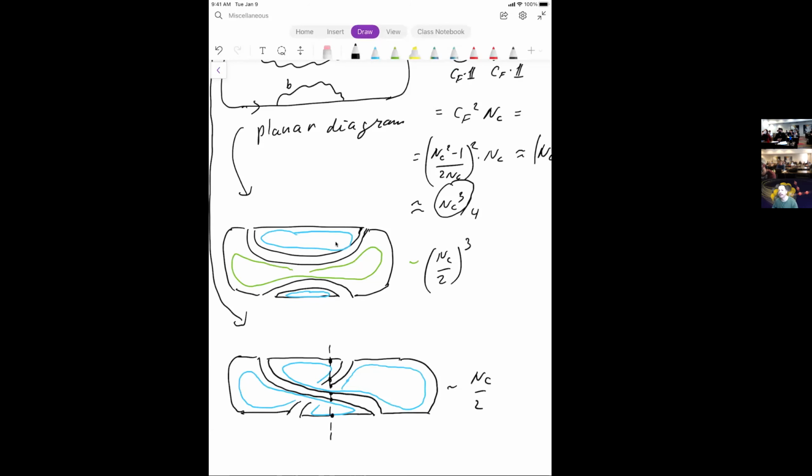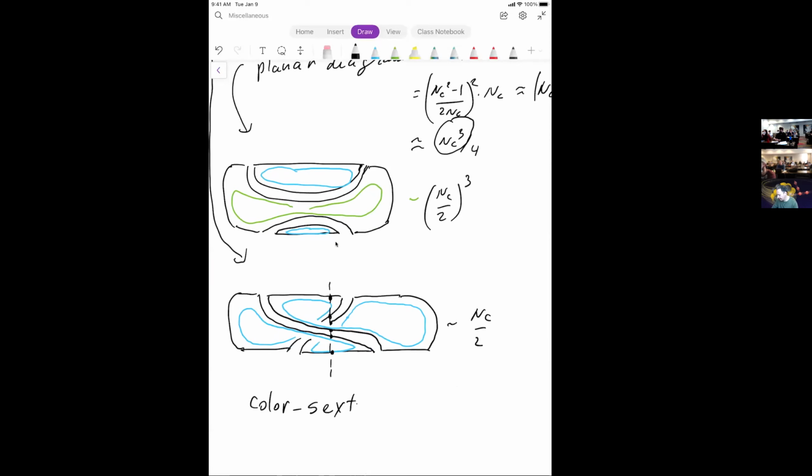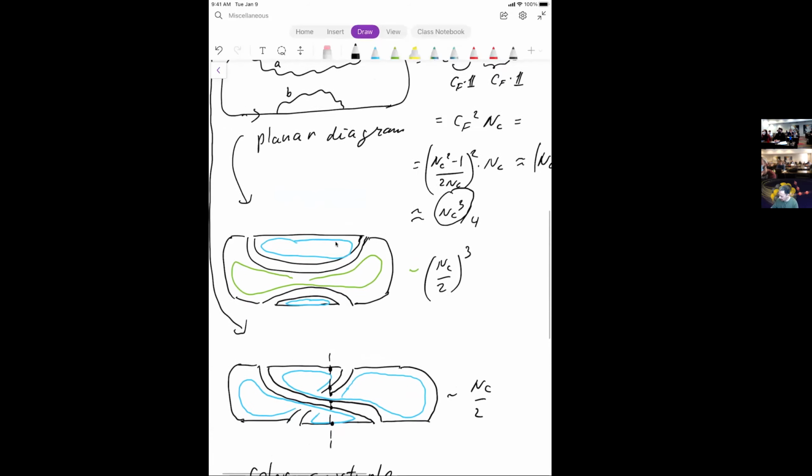All of them are the same color, right? So this is not a colored dipole. This is a color sextuple, right? I'm not sure I'm spelling it right, but okay.